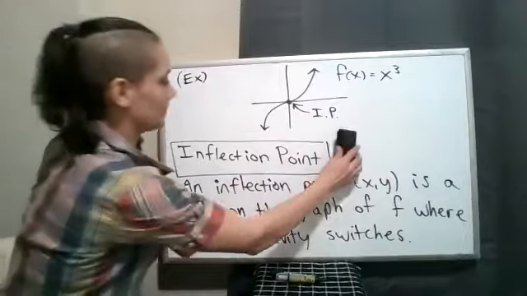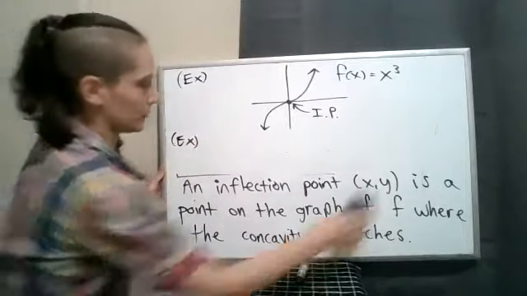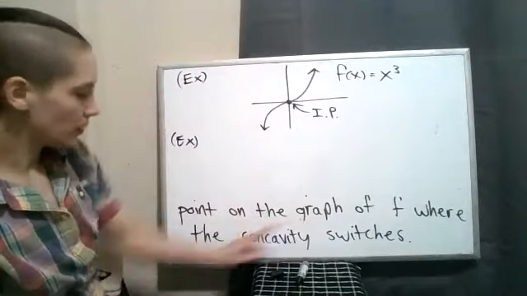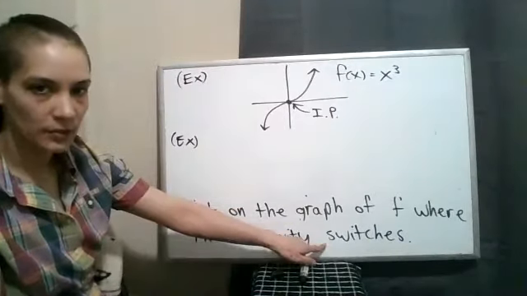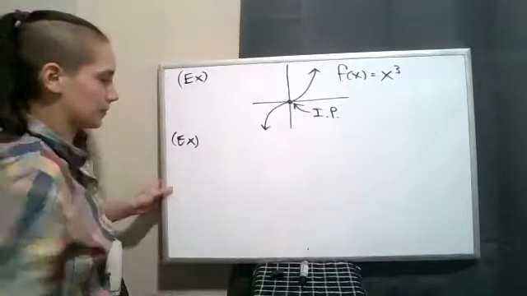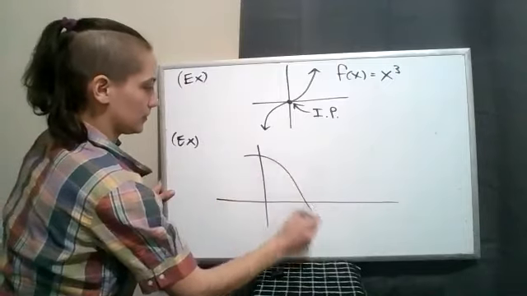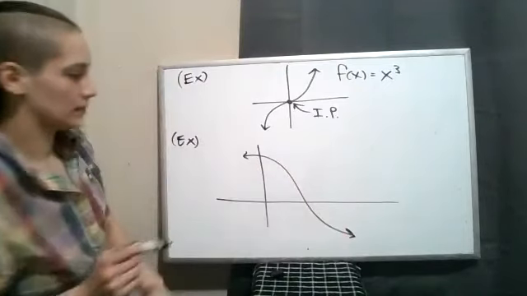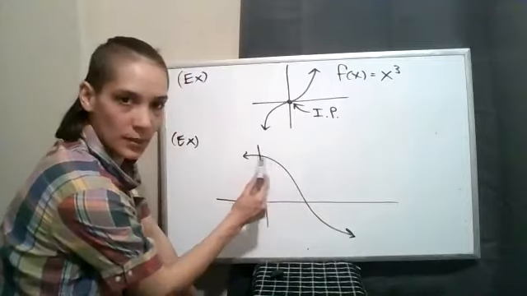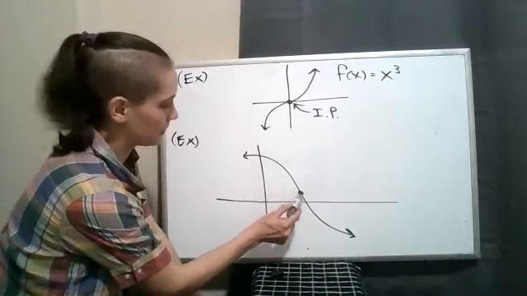Another one. Inflection points are points on the graph where the function's concavity switches from up to down or down to up. So we have an inflection point right where it switches from concave down to concave up, say here-ish.